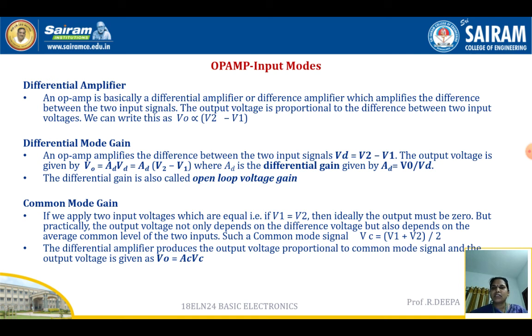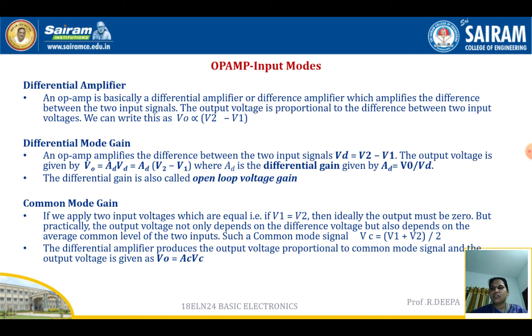The gain is represented by Ad for the differential mode. So the output voltage V0 is equal to the gain Ad multiplied by V2 minus V1. As I told, Ad is the differential gain and it is given by V0 by Vd. The differential gain is also called the open loop voltage gain. So this is about the differential mode.